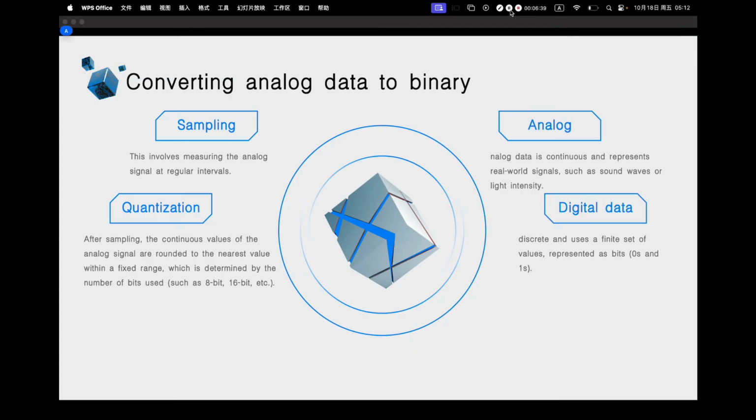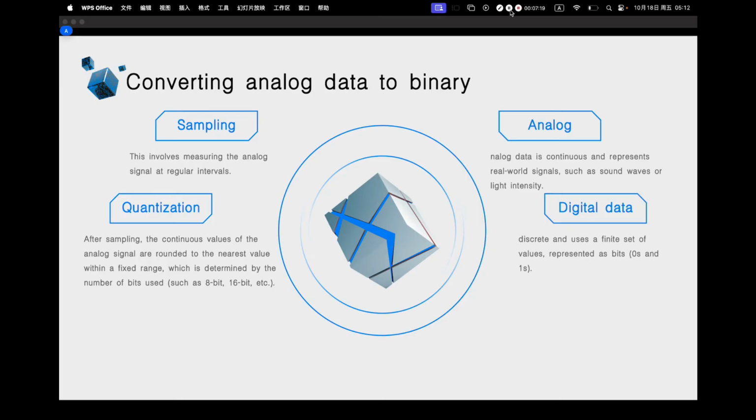So sampling is like a signal wave where you have to measure it, and analog is the data that is continuous and represents real-world signals such as sound waves or light intensity. Quantization is when continuous values of analog signals are rounded to the nearest value within a fixed range. And digital data is discrete and uses a finite set of values to represent bytes. So it's basically zeros and ones.